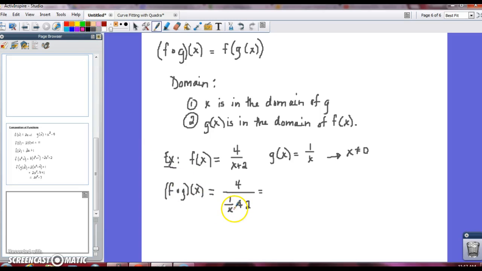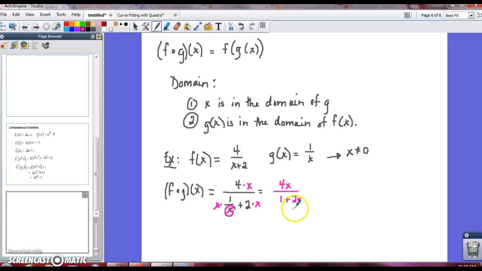So if you look, your common denominator here is x, so I'm just going to multiply every single term in my function by that. I end up with f of g of x is equal to 4x over, right, these x's cancel out, over 1 plus 2x.